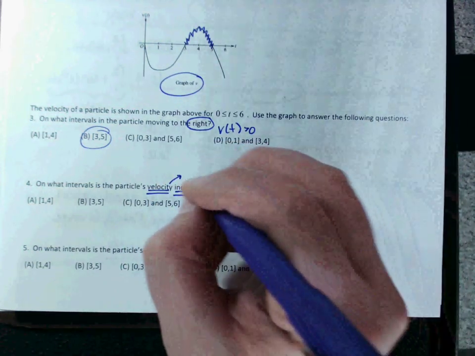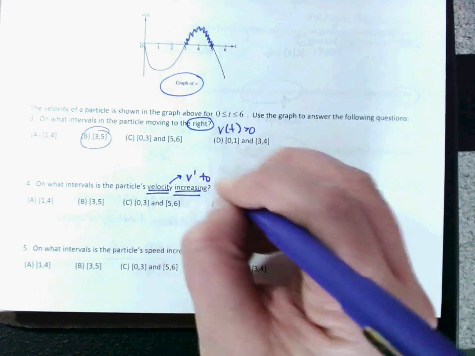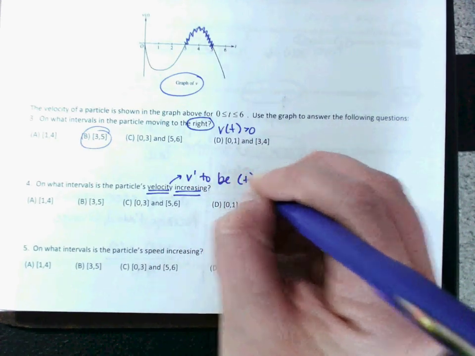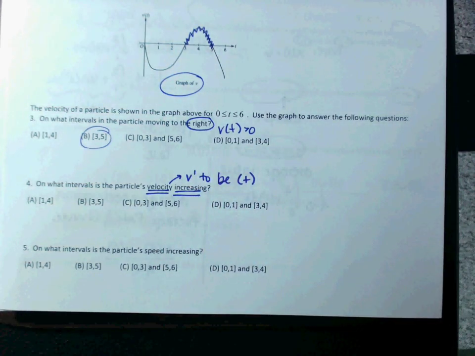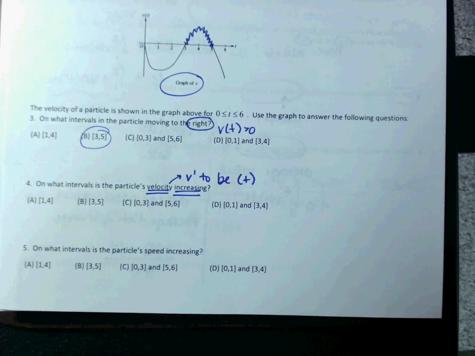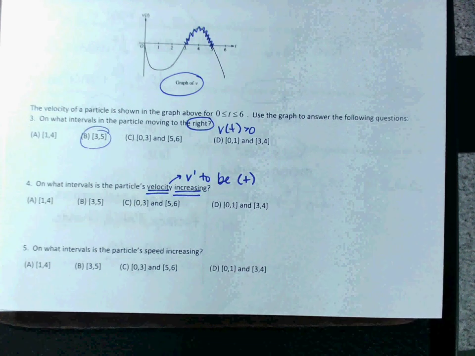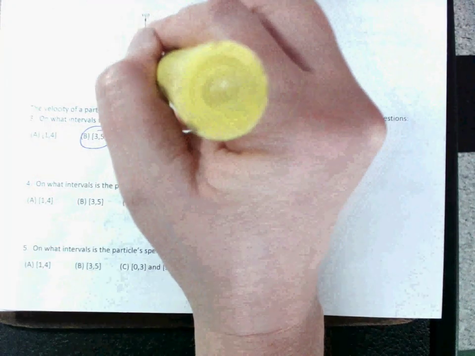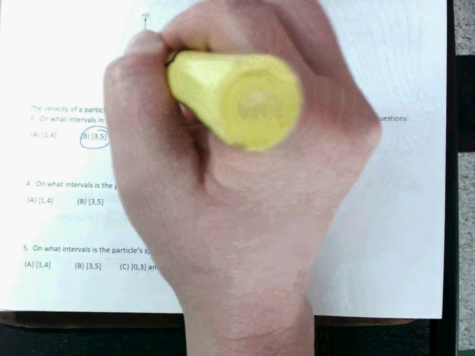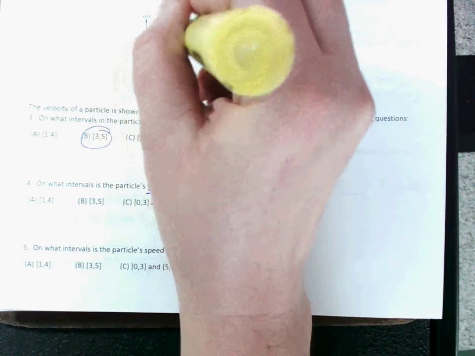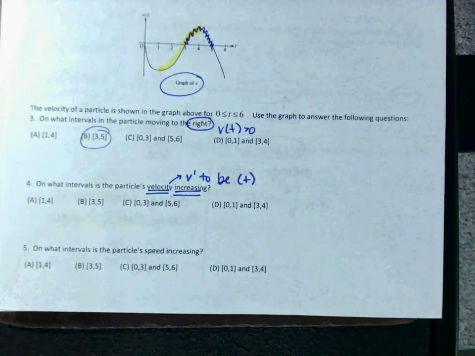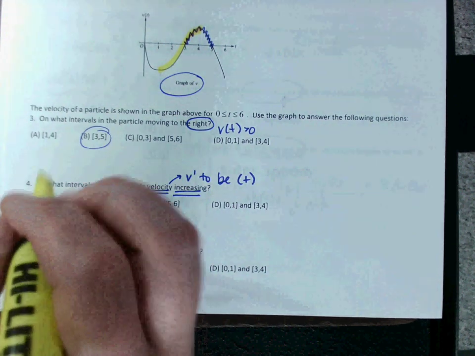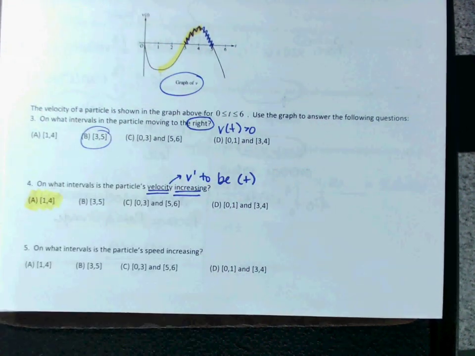That's what increasing means. So I want v prime to be positive. Well, if this is a graph of v, then v prime needs to have a positive slope. So looking at my graph, I can see my slope is positive from about here until here. So looking at my answers, it looks like 1 to 4 is going to be the correct answer choice there.